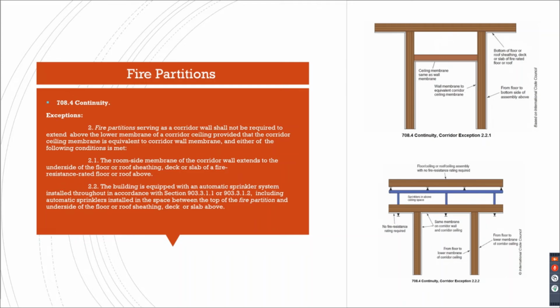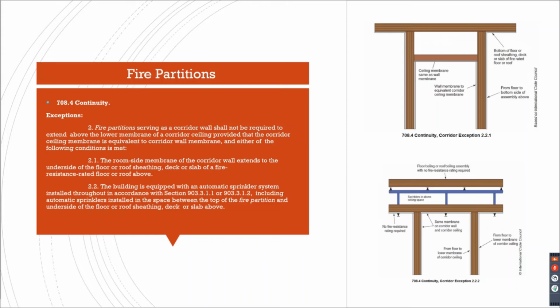And either of the following conditions is met. Number 1, the room side membrane of the corridor wall extends to the underside of the floor or roof sheeting, deck, or slab of a fire resistance rated floor or roof above. Look at the top picture for that one. What does that look like?